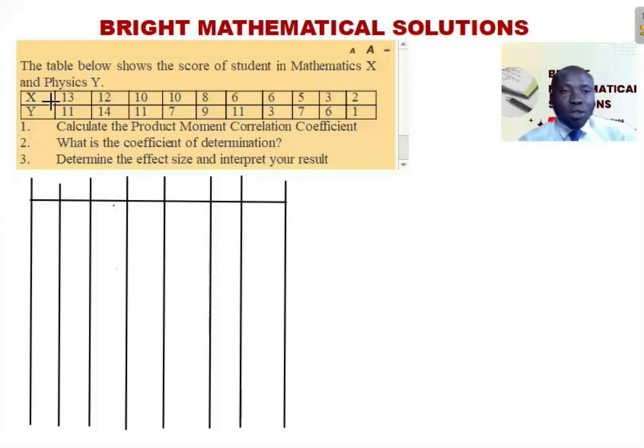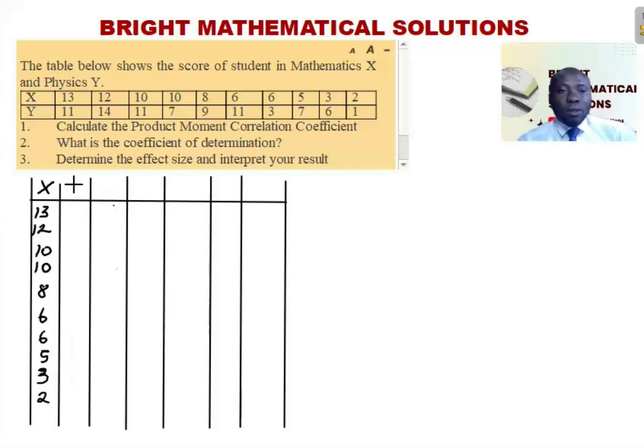The first thing is to show this on the table that is drawn here. So we have X, which is 13, 12, 10, 10, 8, 6, 6, 5, 3, and then 2.